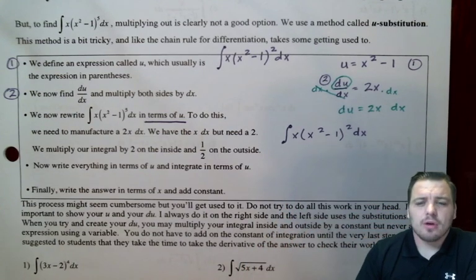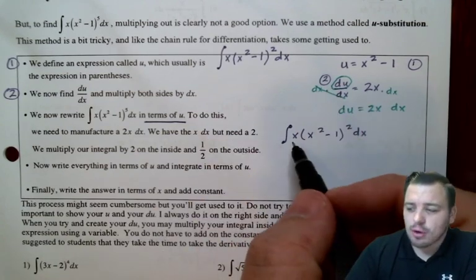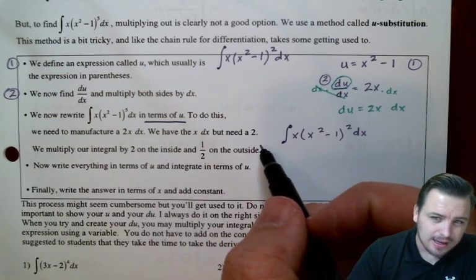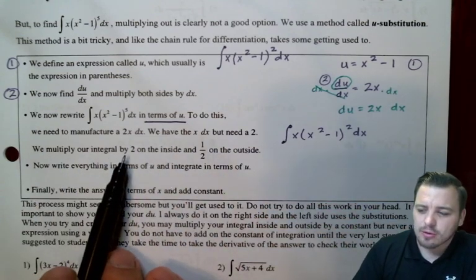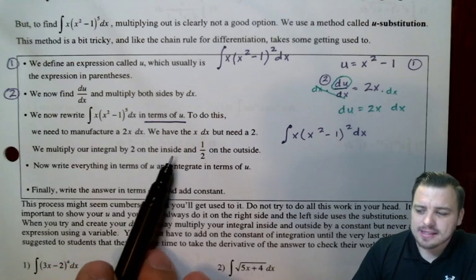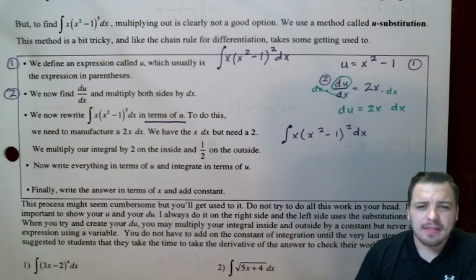The only way to do that is to multiply the other side by 1/2. That's where it says we multiply the integral by 2 on the inside and by 1/2 on the outside, which is just balancing the integral.